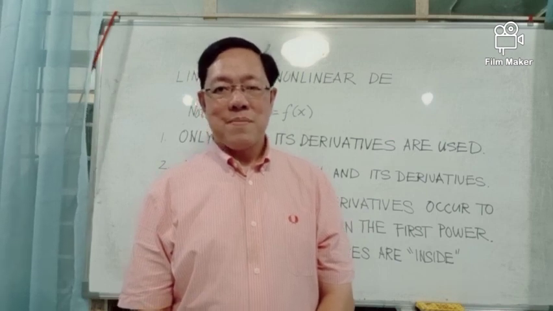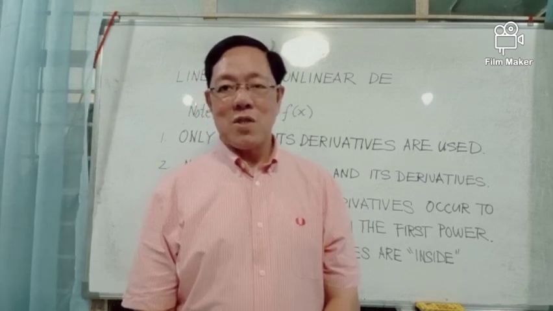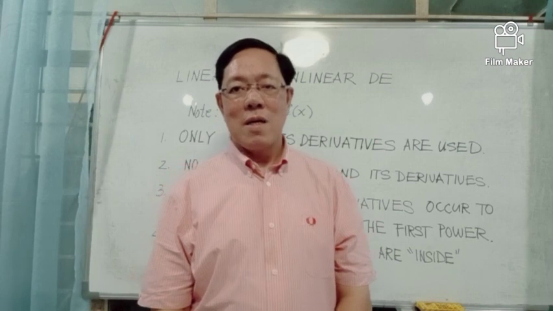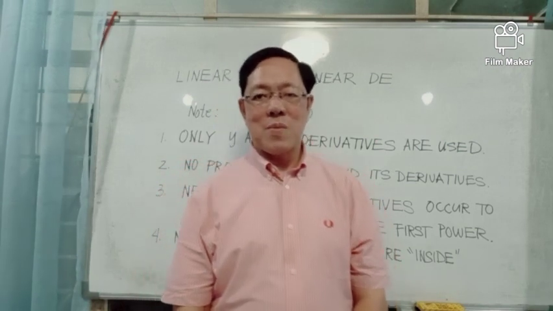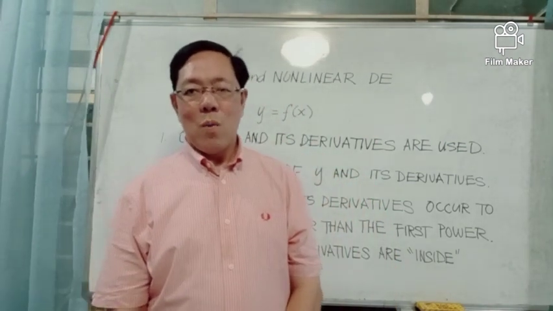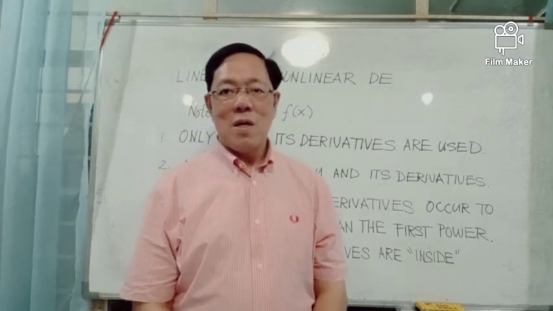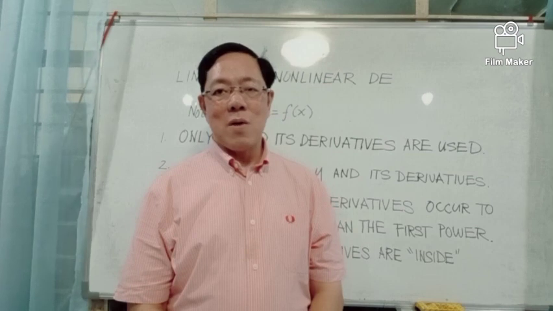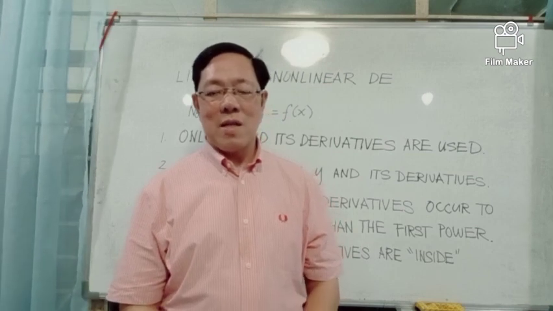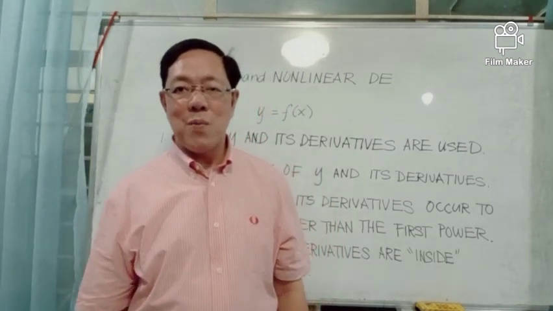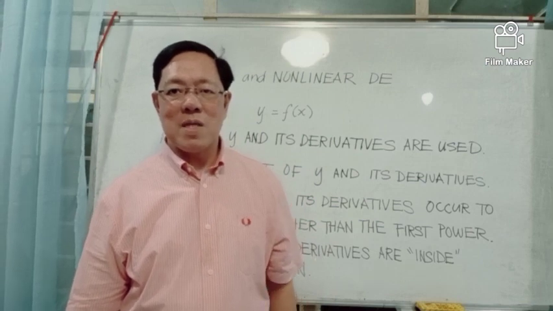And in a linear differential equation, the exponent of y and any of its derivatives is 1. And in a linear differential equation, in any term, there is no product of y and any of its derivatives.